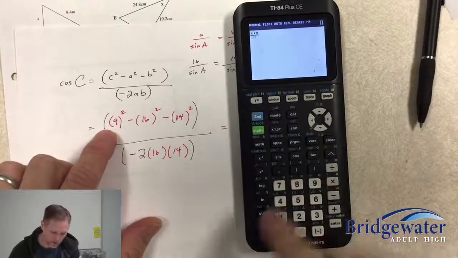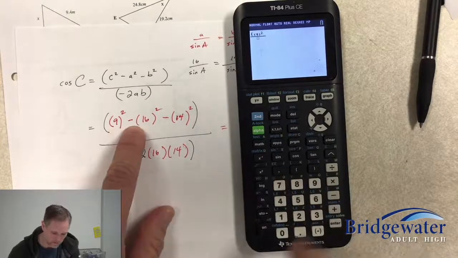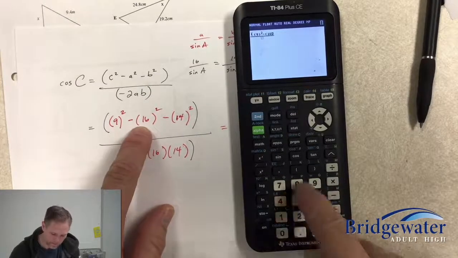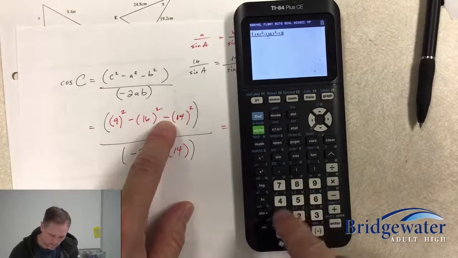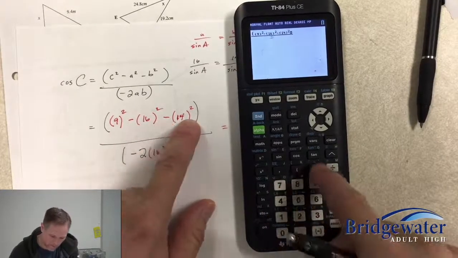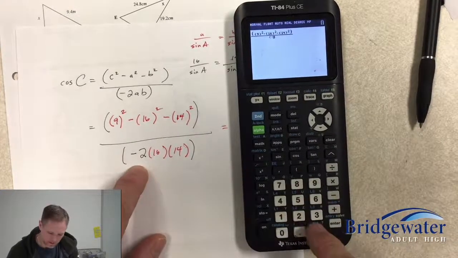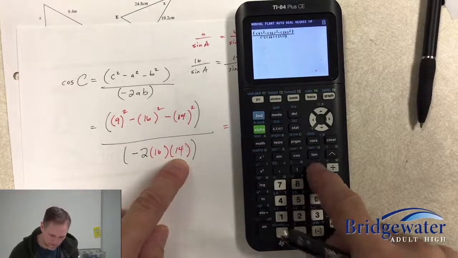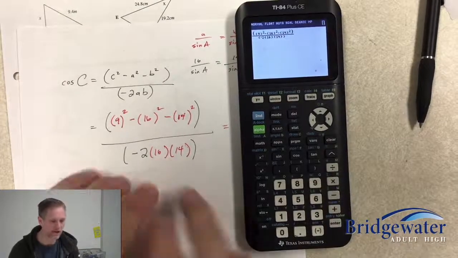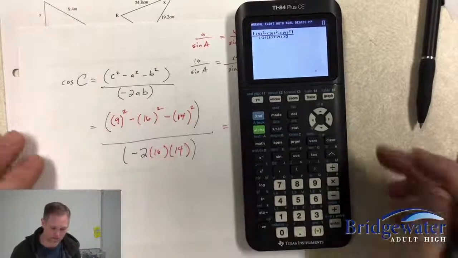First thing, bracket 9 bracket squared, minus bracket 16 bracket squared, minus bracket 14 bracket squared. Close the bracket. Bottom, bracket, negative 2 bracket. Exactly as it is, all we're doing is replacing letters with bracketed numbers.